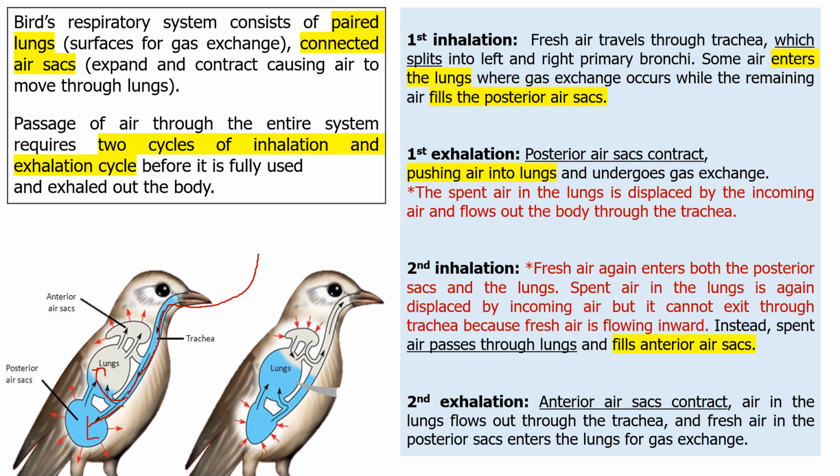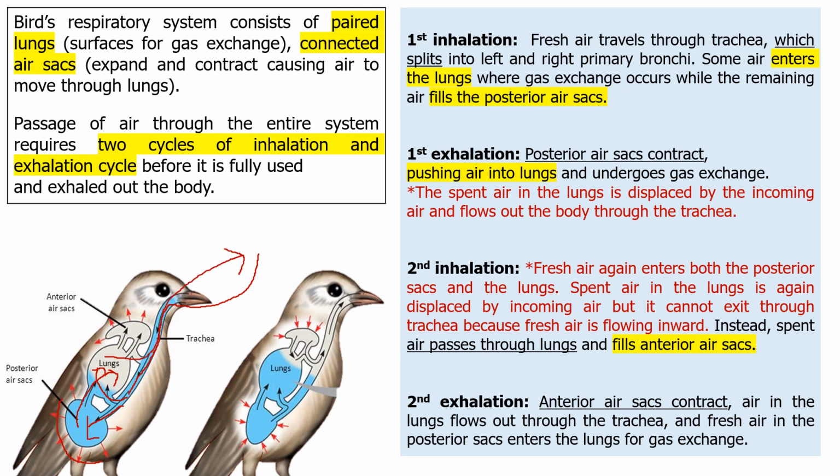First exhalation, the posterior air sac contracts, and then will push the air into the lungs to undergo the gas exchange. And then the spent air in the lungs is displaced by the incoming air and flows out of the body through the trachea.